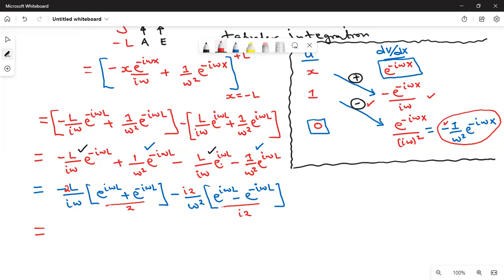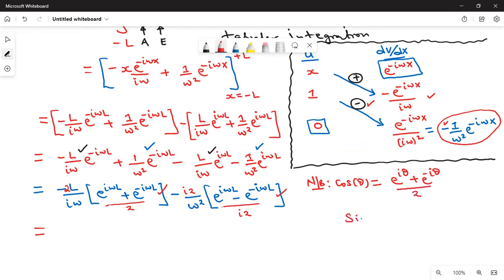So now, what is this that we have in the brackets? And what is this again? I want us to take note that cosine of theta is the same as exponential i theta plus exponential negative i theta divided by 2.